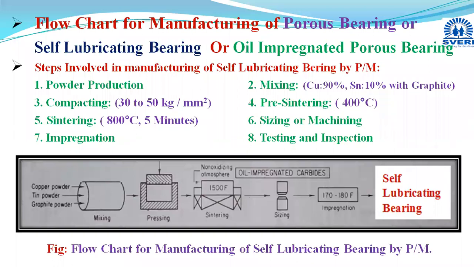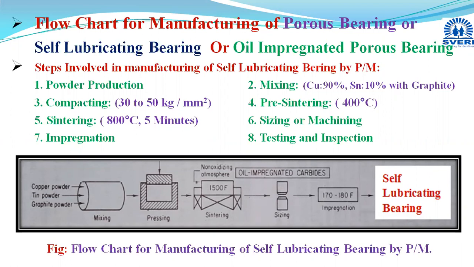During this compacting stage, whichever powder particles are there, some voids or gaps are there, that gaps will get eliminated or reduced. That is the first stage, and due to this, density of the component is increased.